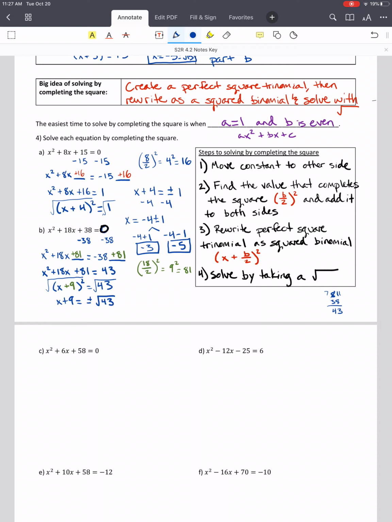It's a prime number. And we get x equals negative 9 plus or minus square root 43. And just a refresher from last time, we could write that as two different answers if we want to, depending on what your teacher asks for.